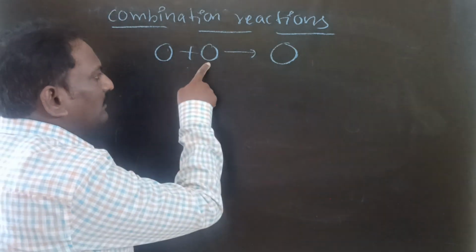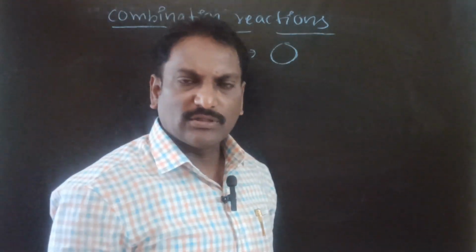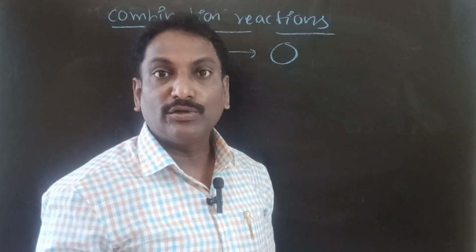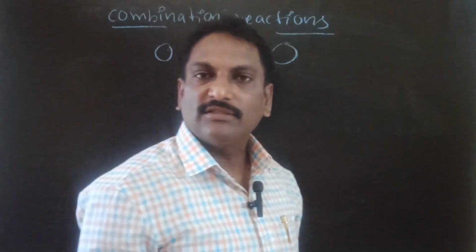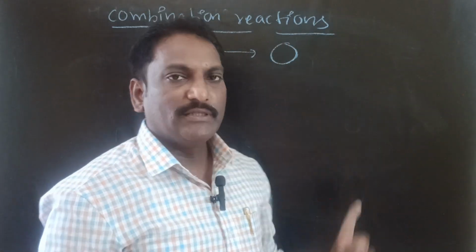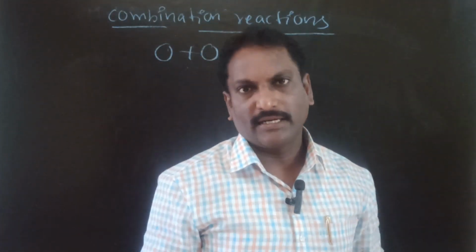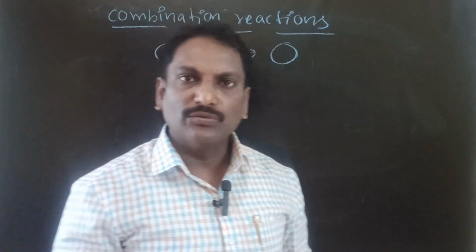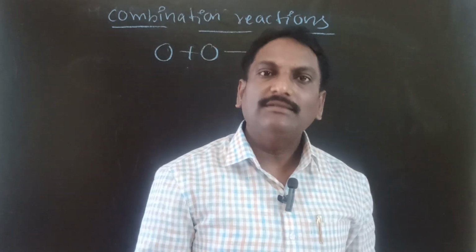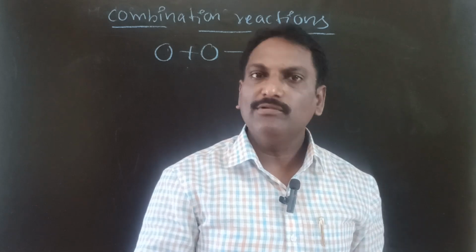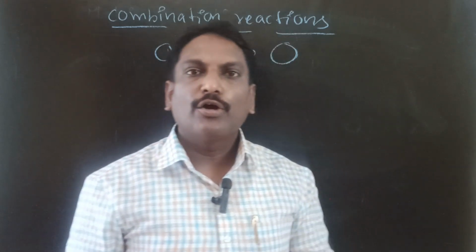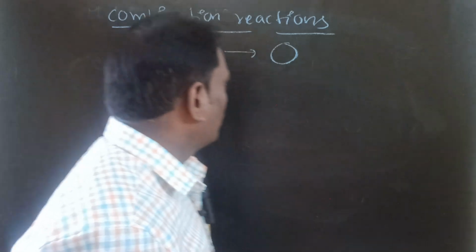That means the number of reactants involved is two or more, but you will get only a single product. Based on that we come to know this is a combination reaction.